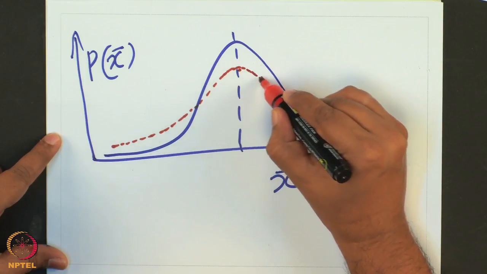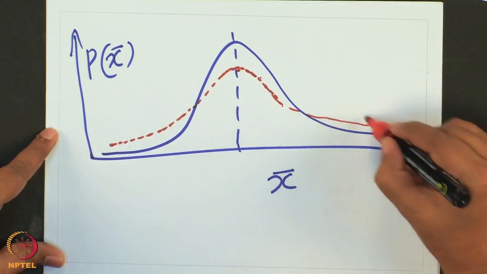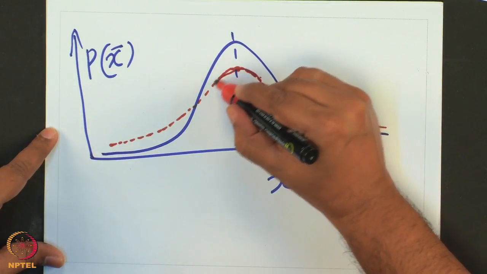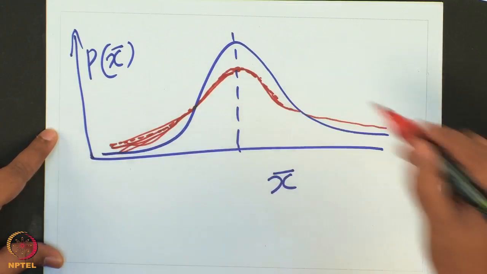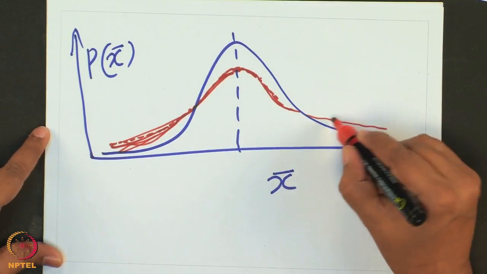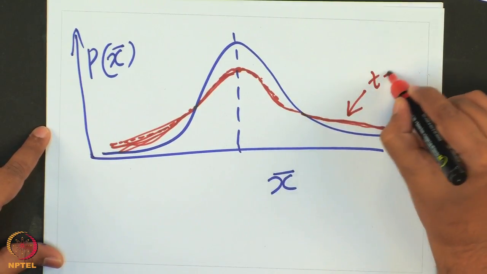It is also symmetric. Pardon me if I don't draw it symmetric, but this is symmetric. The property is that this is a t distribution.